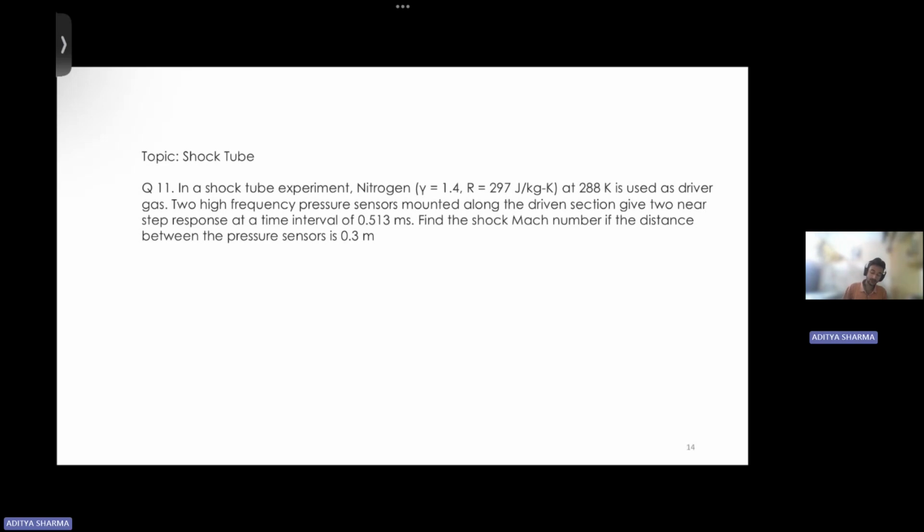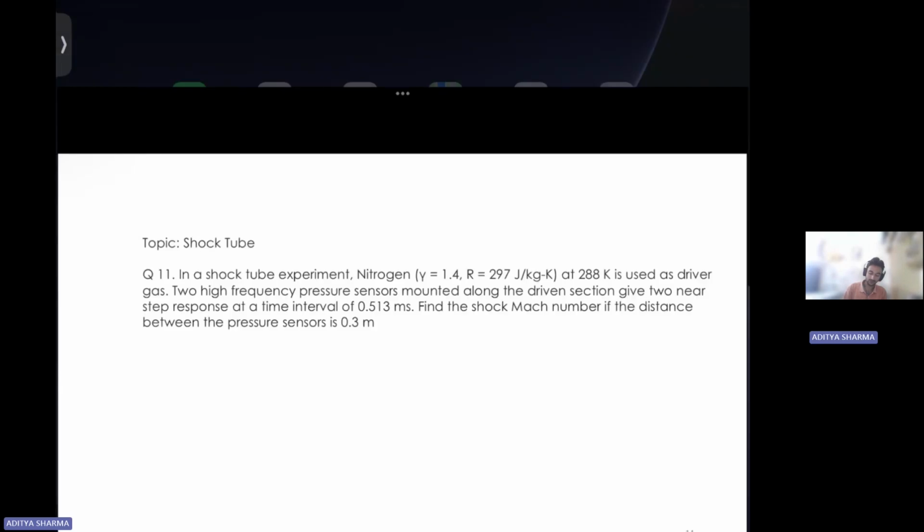And two pressure sensors have been mounted in the driven section. And as the diaphragm ruptures, a shock wave propagates in the driven section, and the interval this shock wave takes to travel from one pressure sensor to another is 0.513 milliseconds, right? And the distance between these two sensors is 0.3 meters.